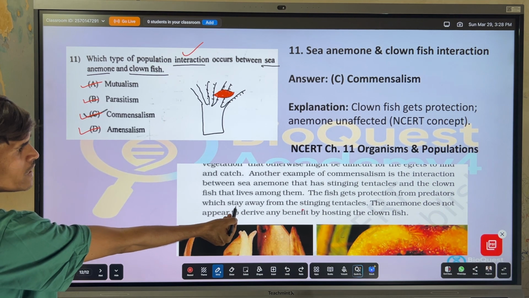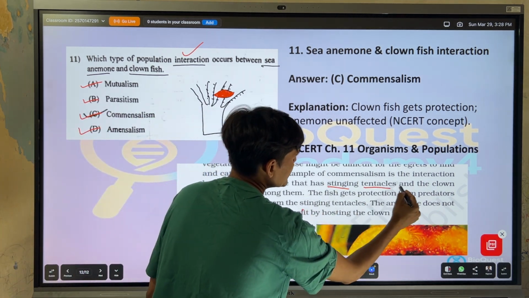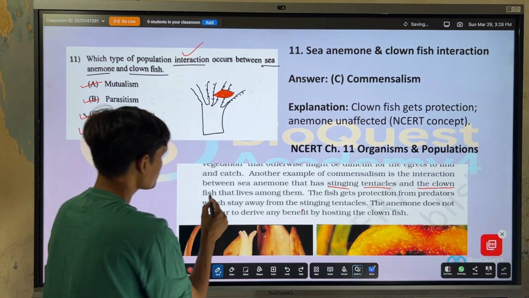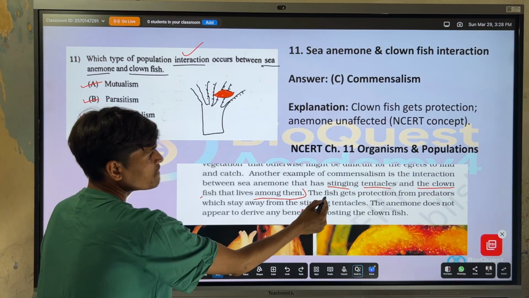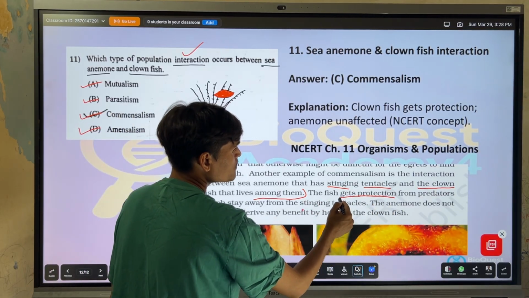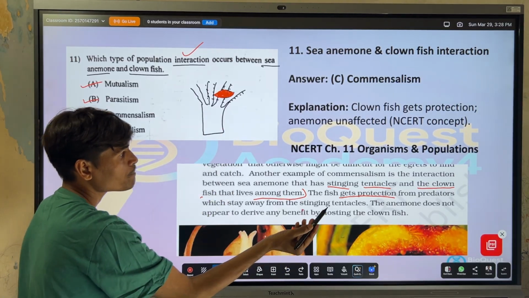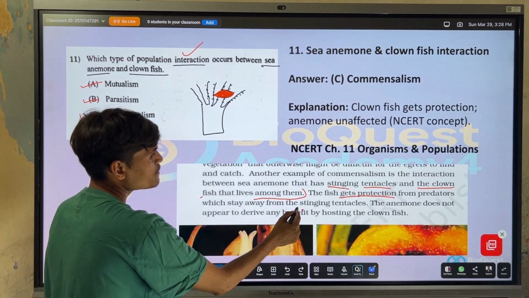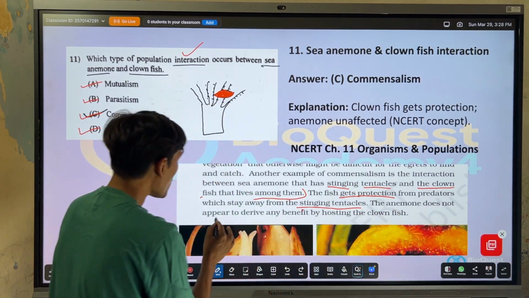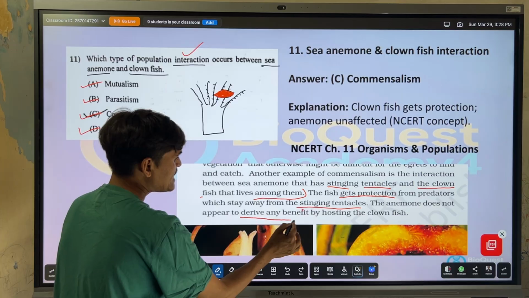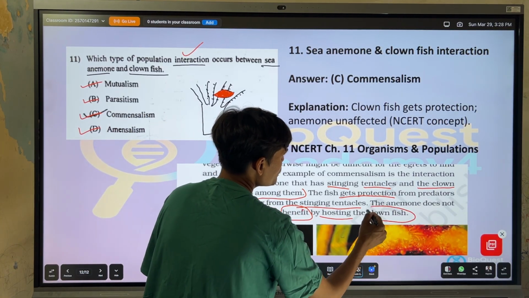The answer is over here. See, the sea animal has stinging tentacles and the clownfish lives among them. The fish gets protection from other predators, which stay away from the stinging tentacles of the sea animal. The sea animal does not appear to receive any benefit from hosting the clownfish.